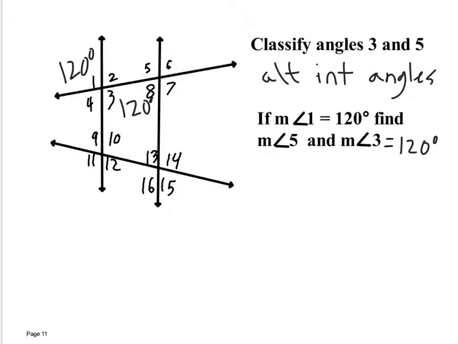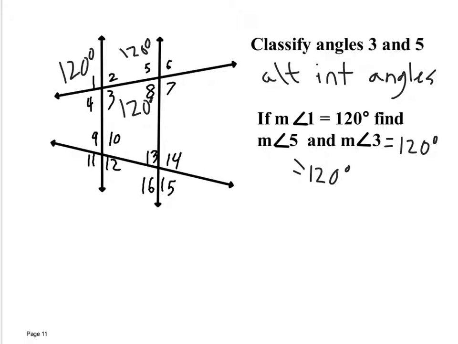If 1 is 120 degrees, what's 5 got to be? 120 degrees as well. What's another relationship I could use to find 5? The other relationship would be between 3 and 5, the alternate interior angles. So I know that 5 is 120 degrees.